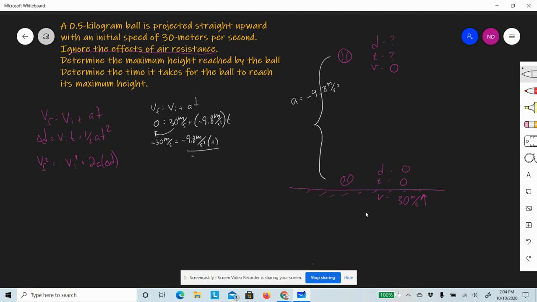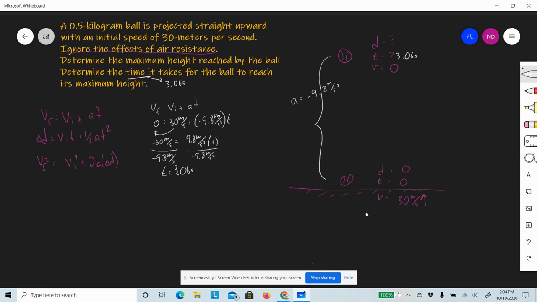Divide both sides by negative 9.8 meters per second squared. 30 divided by 9.8, you're going to get a time of just about 3 seconds. 3.06 seconds. We figured that out. Determine the time: 3.06 seconds to reach its maximum height. Got that one already.